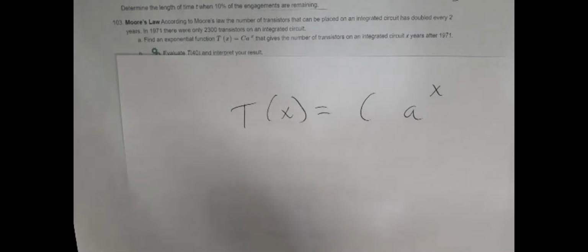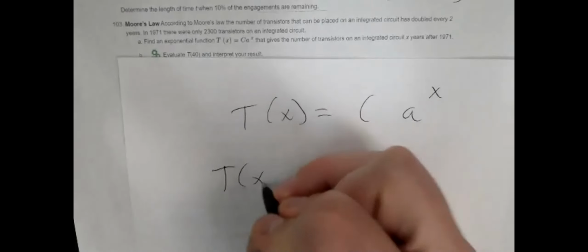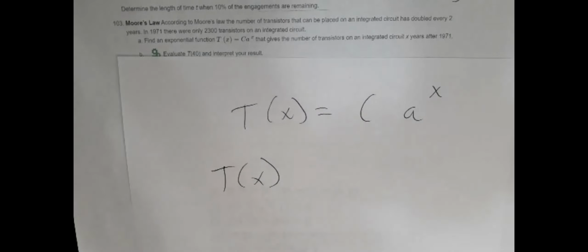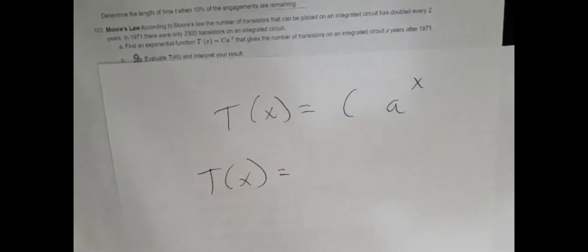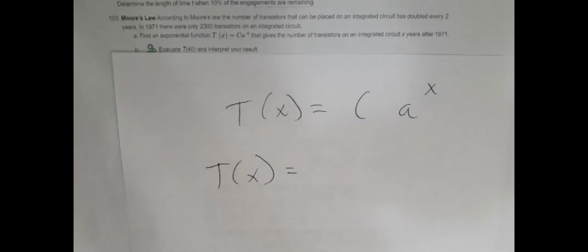We want a function that looks like this, that finds the number of transistors after x years. So c is like our y-intercept. What value am I going to plug in for c? That's like our starting point. 2300.